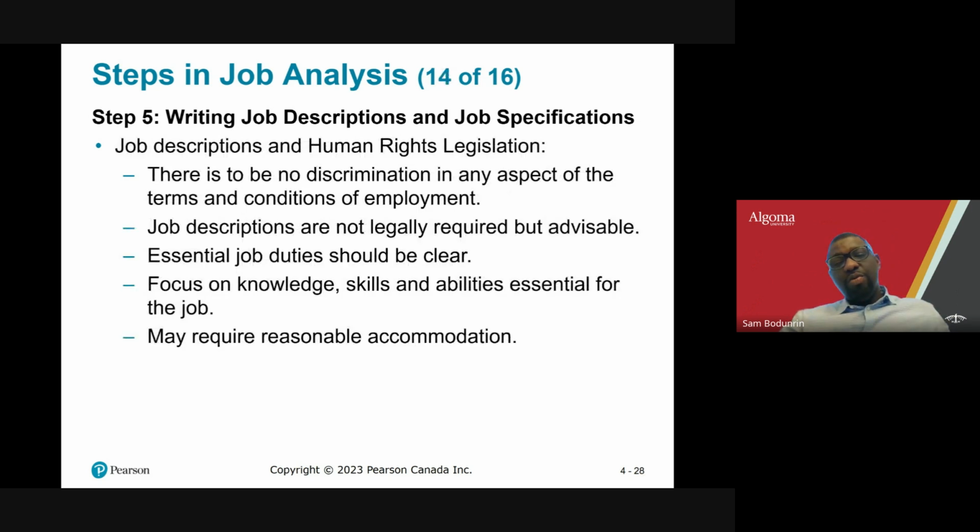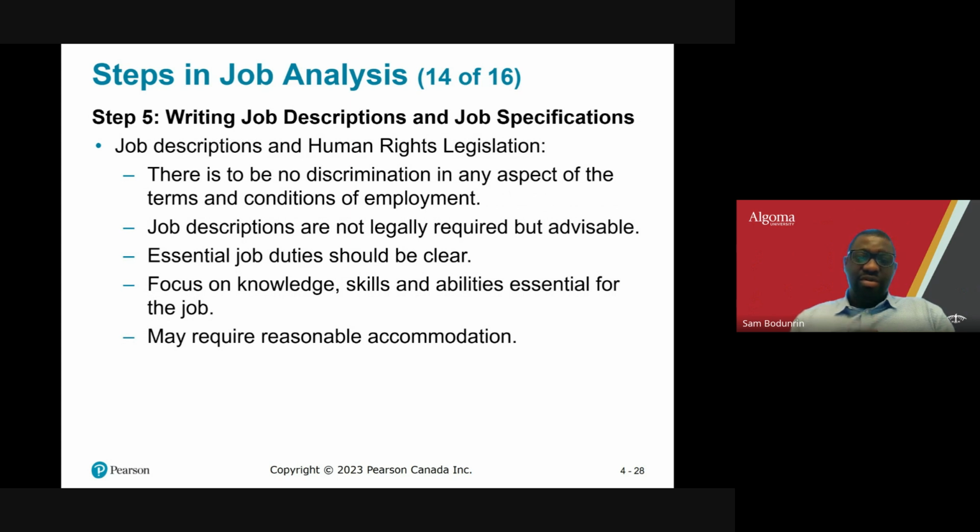Now, another thing we must also consider when we are writing our job description is that we must pay attention to human rights. So last week we did human rights, and one of the things we did was the prohibited grounds like age, gender, sexual orientation, disability, nationality, creed, or religion. All of this, you cannot write them. Anything that will violate human rights is not advisable.